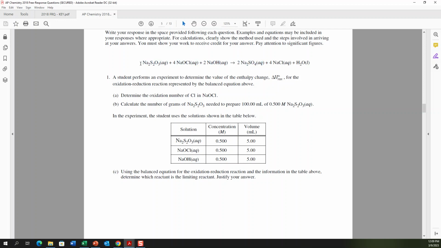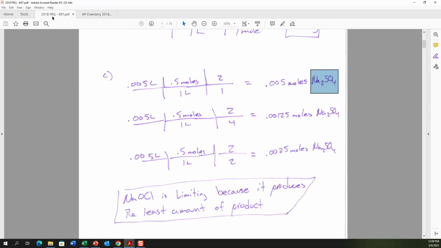So I took my moles of this times 2 over 1, took moles of this times 2 over 4, and then took moles of this times 2 over 2. And whichever one gives me the least amount of product is going to be my limiting reactant. So that's the kind of thought process I was going for here.